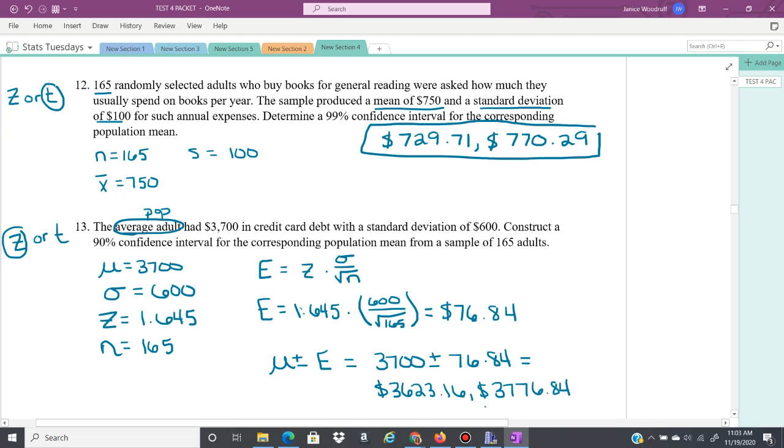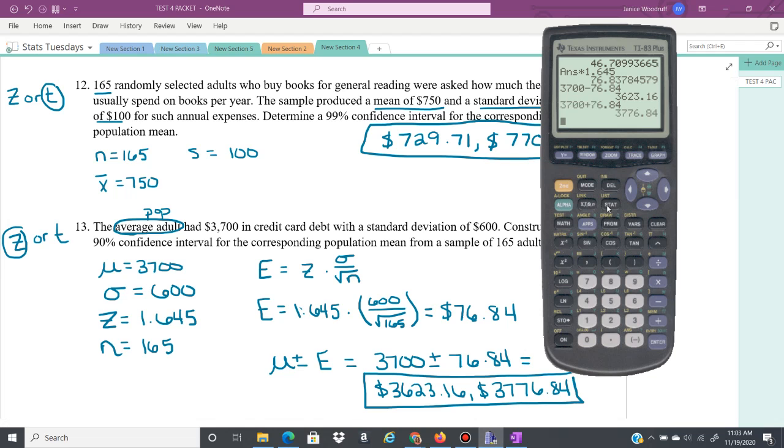So you are 90% confident that the average credit card debt of Americans or average adults is between these two values. And then, of course, you can do this one in your calculator. I just wanted to do at least one example by hand. You go to Stat, Tests. Now you're going to Z interval for your test. And then make sure Stats is highlighted.